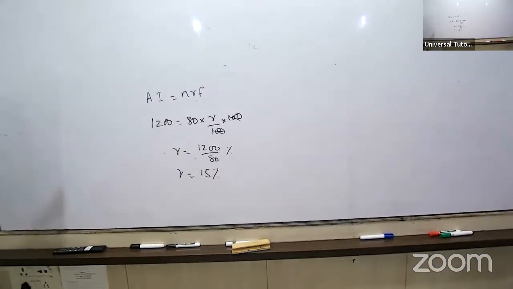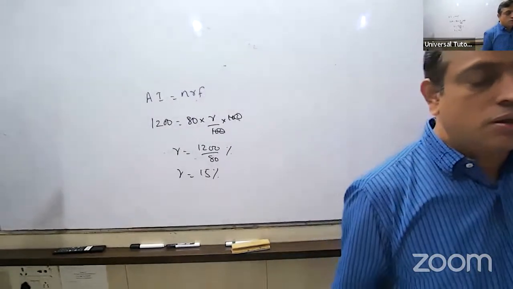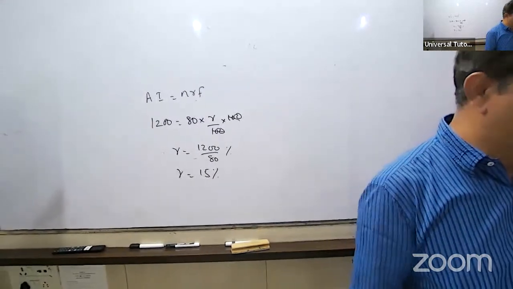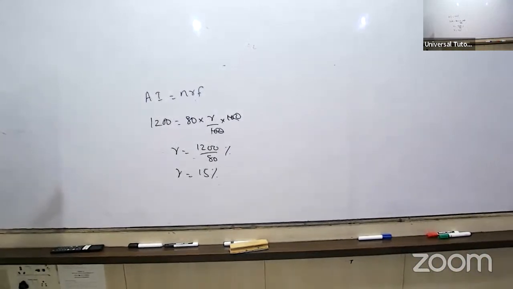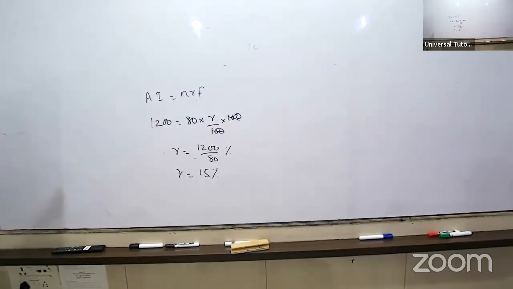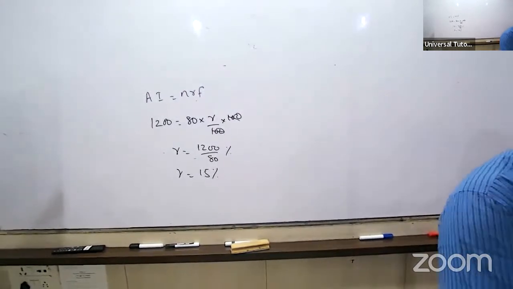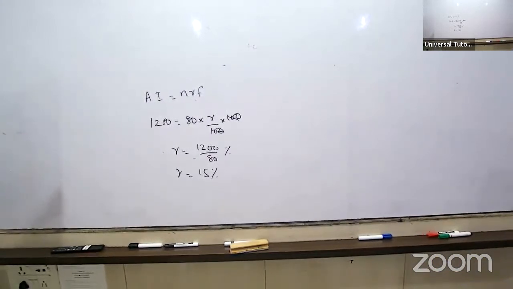Then what is this 120? Market value. Same way for the second one also. So do it, and find the rate of return.